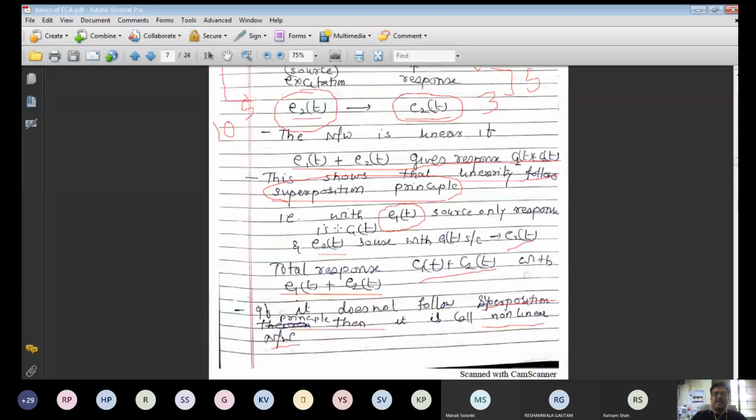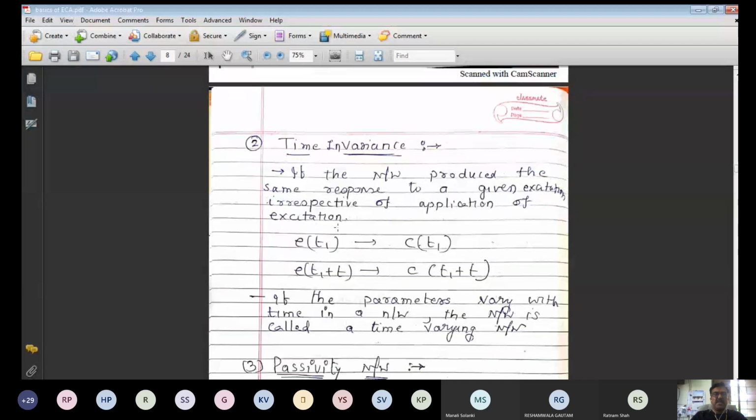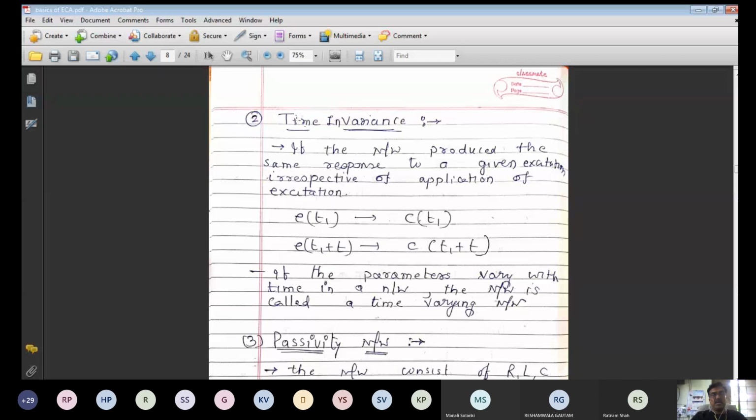Now, the second network. The first network we discussed is linear. Now another network is time invariant. The second network type is time invariant.